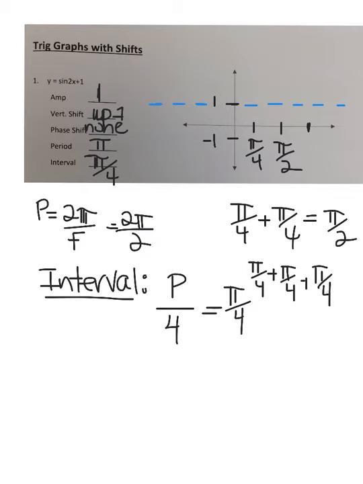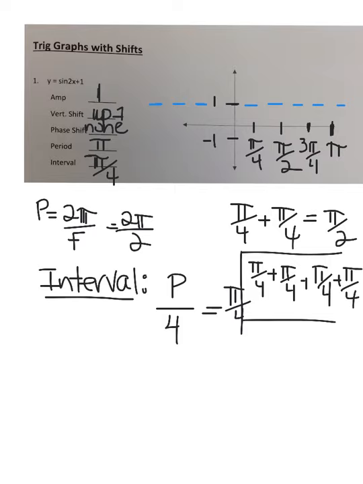So isn't that 3 pi over 4? So this is going to be 3 pi over 4. And then we have one more. And if I add another pi over 4, do you see that that's 4 pi over 4, which is really just pi. Okay, and you'll get the hang of this.